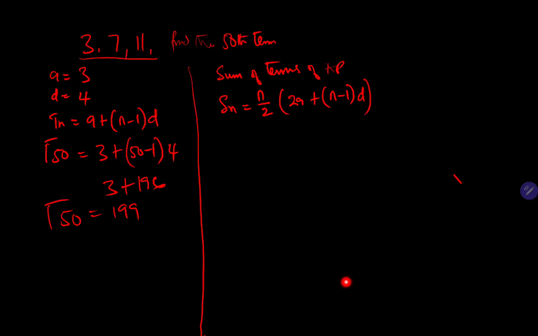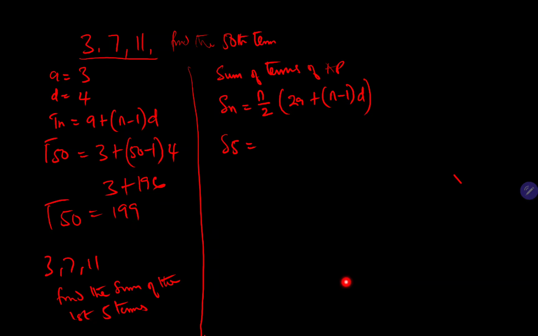So if we're told to find, in this sequence 3, 7, 11, the sum of the first 5 terms. Okay, I don't want to use a very large number because I want us to do it manually, and also by the formula. So the sum of the first 5 terms will be S5. We're looking for the first 5 terms, so n here is equal to 5.